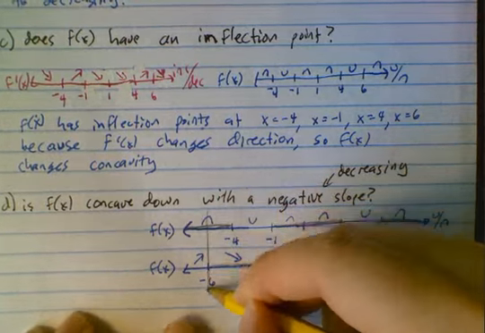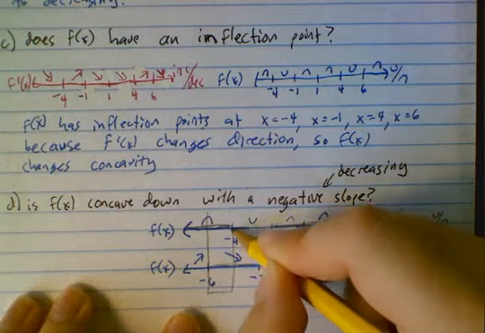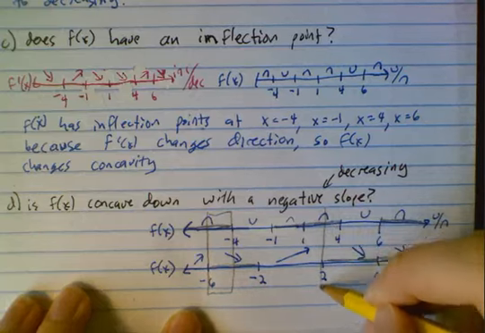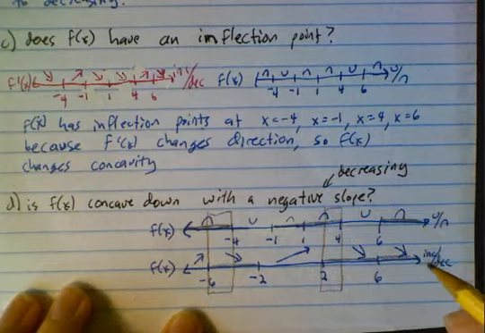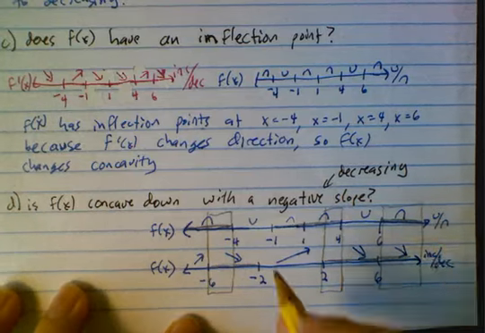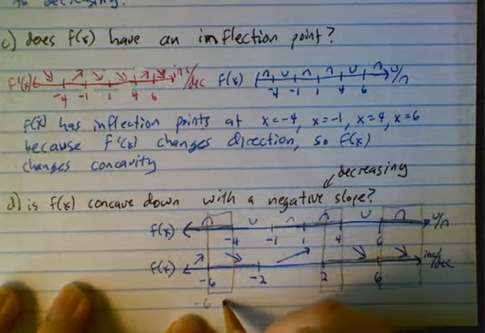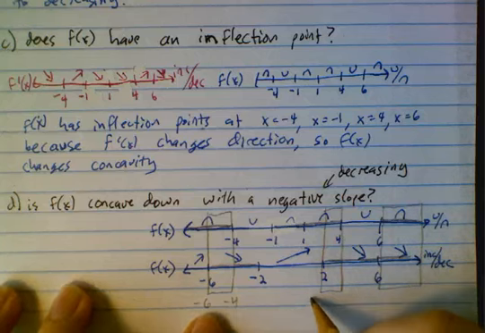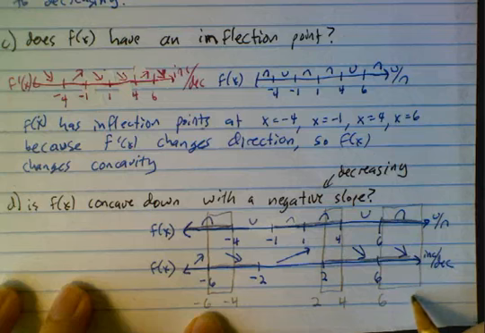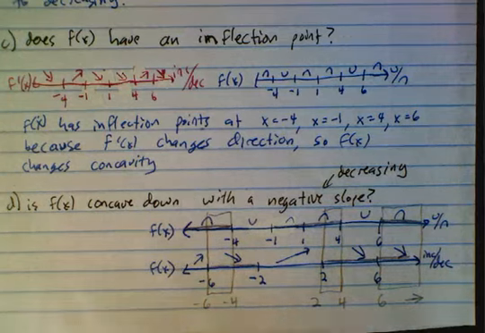So here, there's a concave down and decreasing piece. Here, there's a concave down and decreasing piece, and then here as well. So these numbers, this was -6 to -4, this was 2 to 4, and this was 6 to infinity.